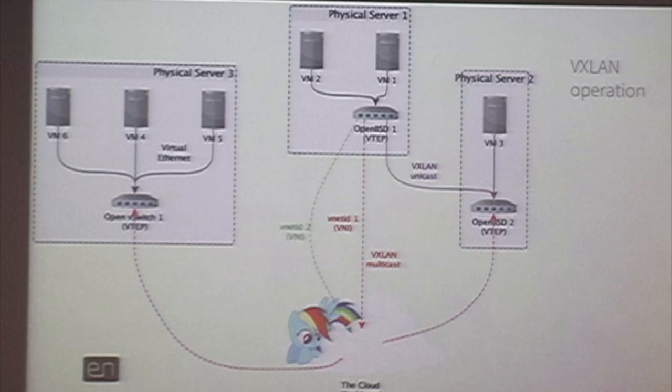And then the virtual switch uses VXLAN to encapsulate the traffic from specific virtual networks from the customer and to pass the traffic to other tunnel endpoints, so physical servers.